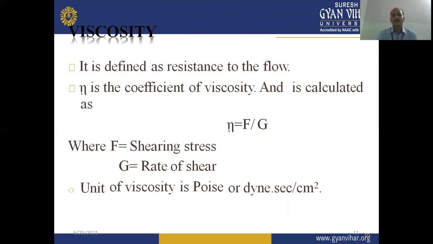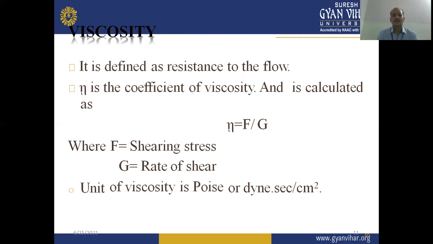For shearing stress, F equal to F by A, the unit of F is the force, the dyne, and A is in square centimeters. So dyne per square centimeter is the unit of shearing stress. The rate of shear is dV by dr, where V is the velocity in centimeter per second, and r is the distance in centimeters in the CGS system.